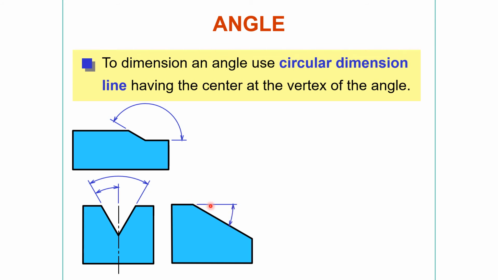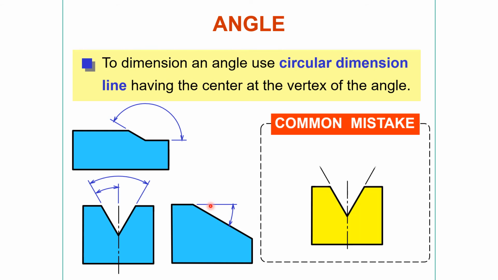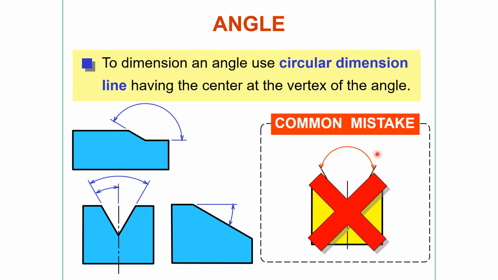Now here is the vertex. Common mistake: that is not a good practice, too much curvy.